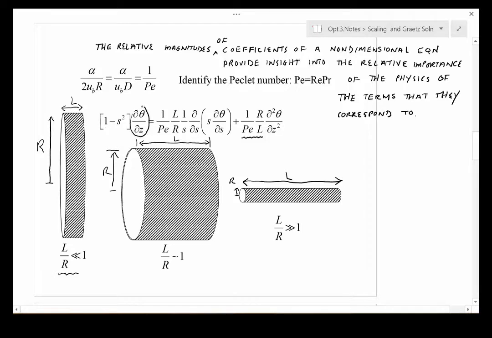So the term d theta dz times this 1 minus s squared, the physics of that term is bulk fluid flow. The physics of this term, 1 over s d ds s d theta ds, corresponds to conduction in the radial direction. The physics of this term corresponds to conduction in the x direction.